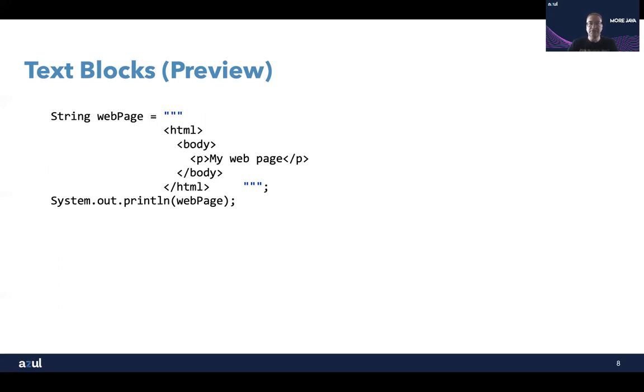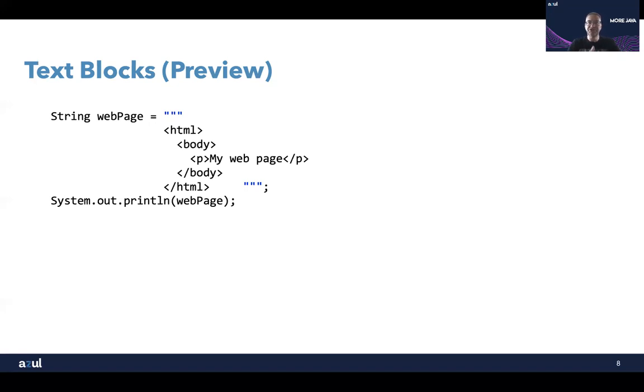Now, in Java, right from the very beginning, we've had the idea of strings of characters that we can use. We can create string literals simply by indicating it with a double quote at the beginning and a double quote at the end. The limitation on that is that creating strings that contain special characters, or especially strings that have new lines in them, is not easy.